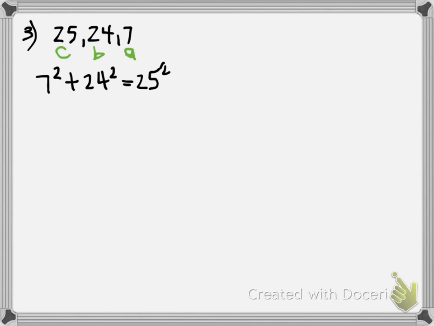So what's 7 squared? 49. What's 24 squared? We just did that on home. 576. And what's 25 squared? Ooh, try that again. That's 15 squared. 625. So what do I get when I add 49 and 576?